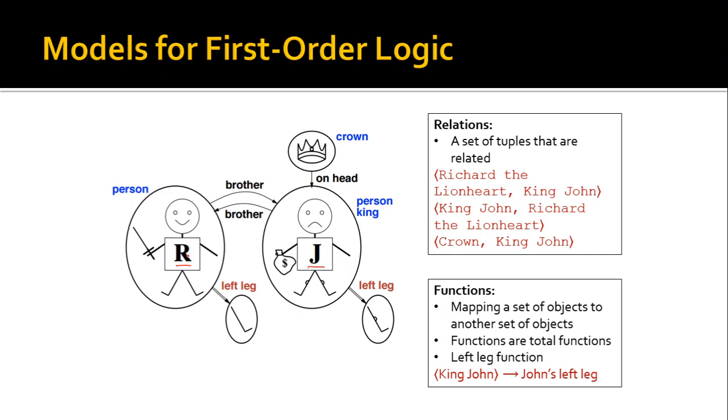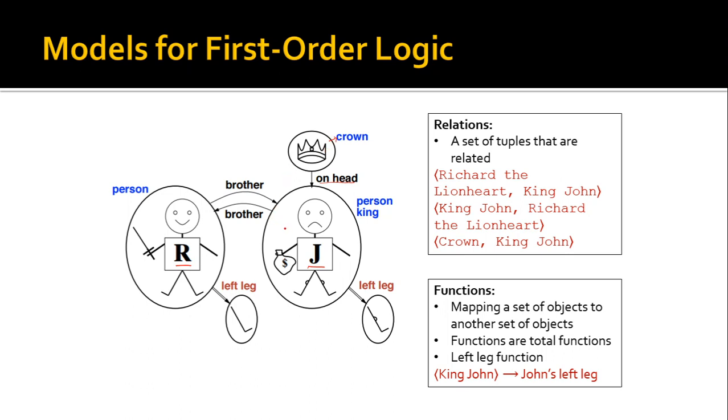Now this Richard is a kind of person, and John is a kind of person as well as a king, right? And Richard, as being a king, he has a crown, he has got something on his head. Now you can see that on head is a relation, and that particular thing is a crown, right?